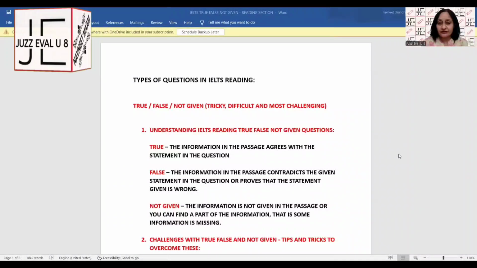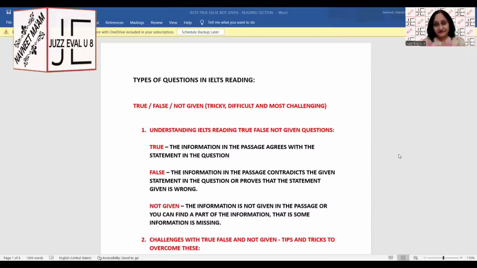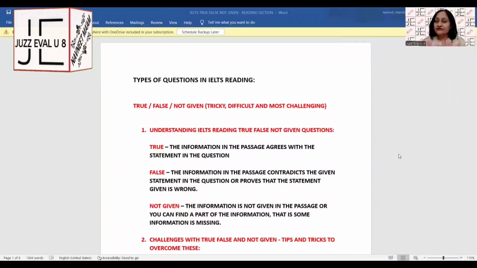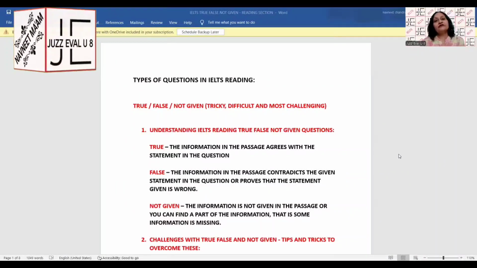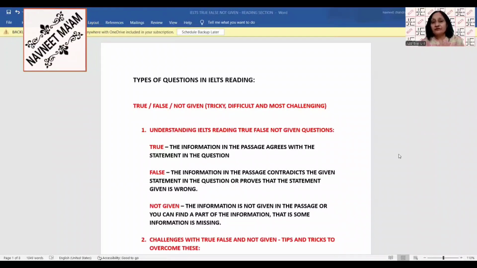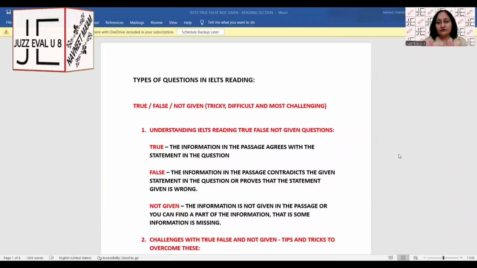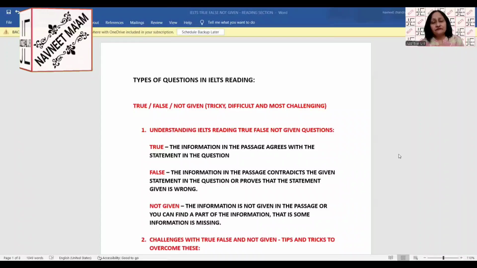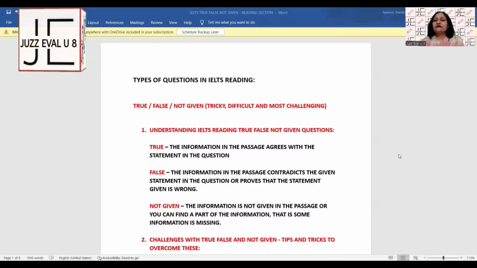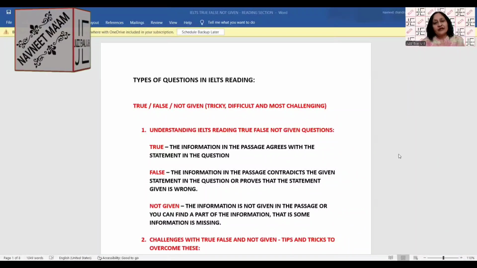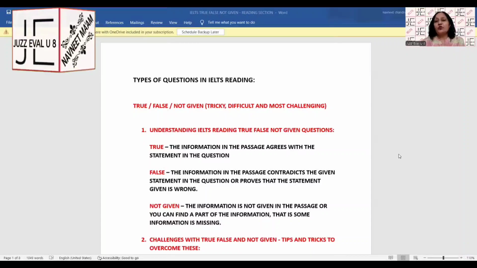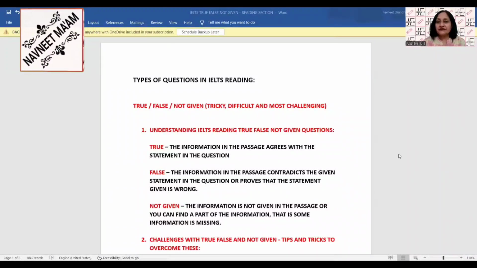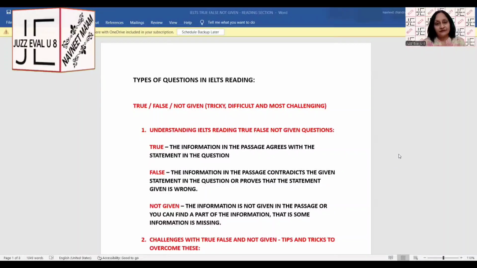Third is not given. This is the trickiest. Now, in not given, either the entire information is different, it is not given in the passage, or partial information is given. Supposing in the question, the statement is Arun eats 1 apple in a day. But in the passage, it's given Arun eats 1 apple.